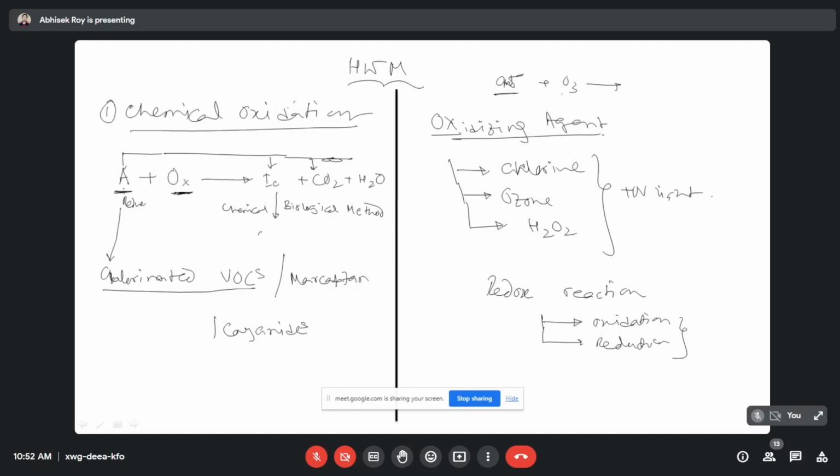Okay, if they are present in very large quantities, then this oxidation operation will not be that fruitful, because most of the portion of the reagent you are adding will be used to oxidize the other compounds present in that water. So suppose if you want to target a particular compound, make sure that other than that compound, other waste is present in very less quantity.